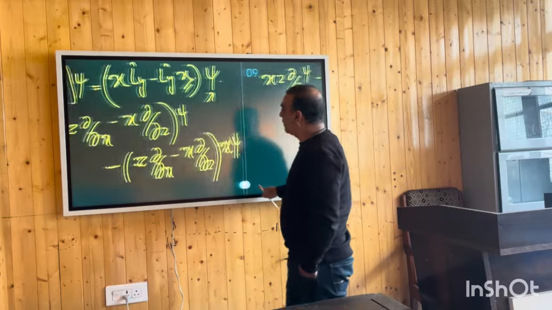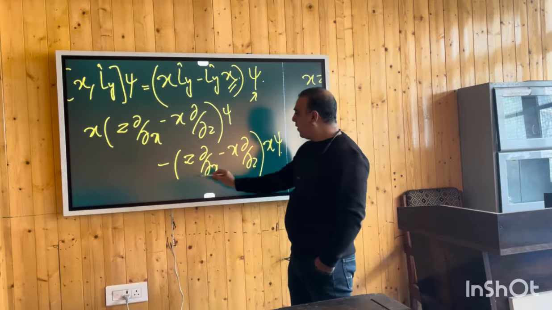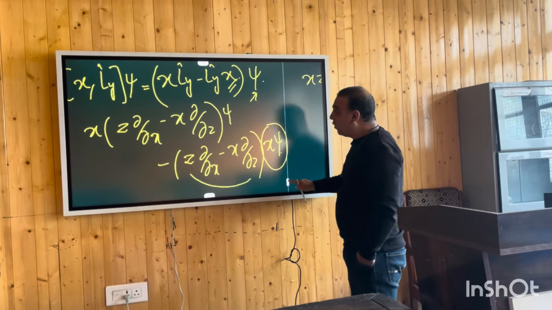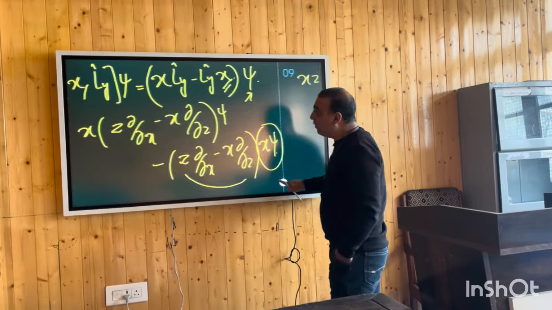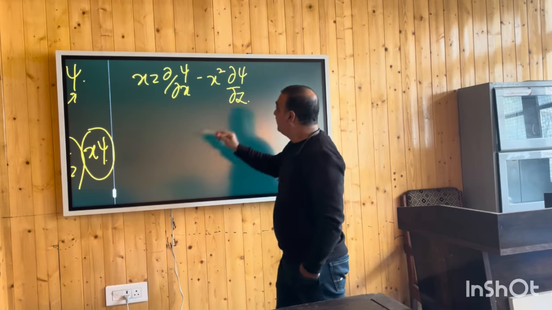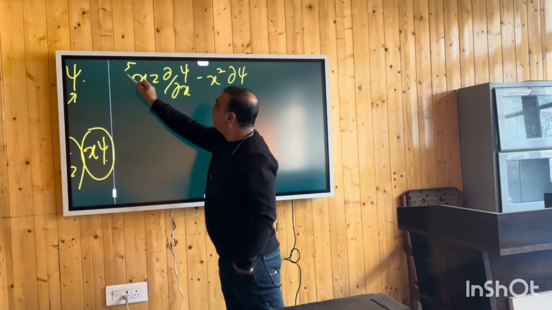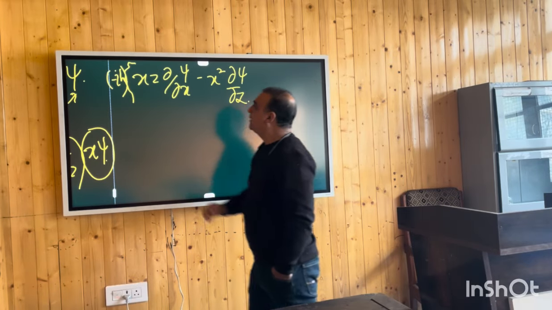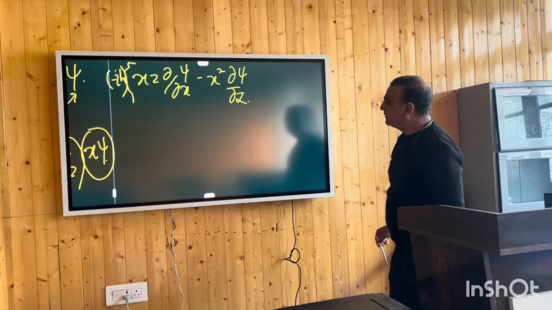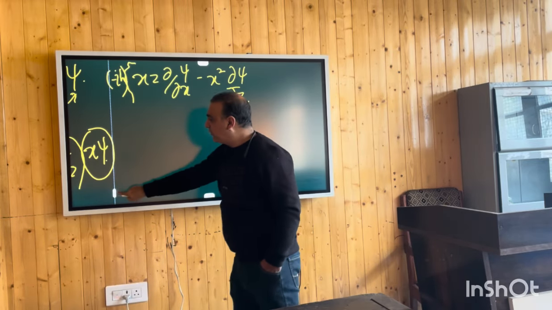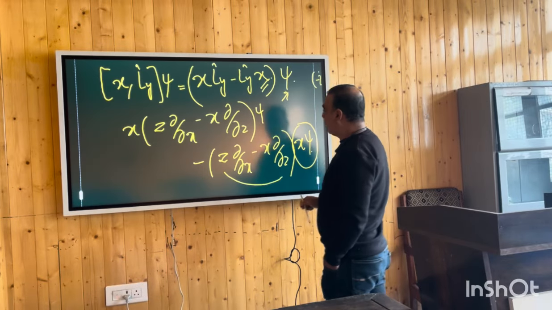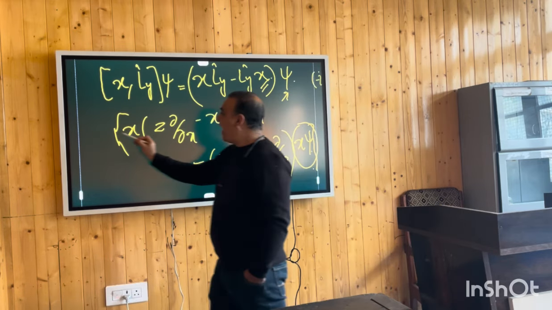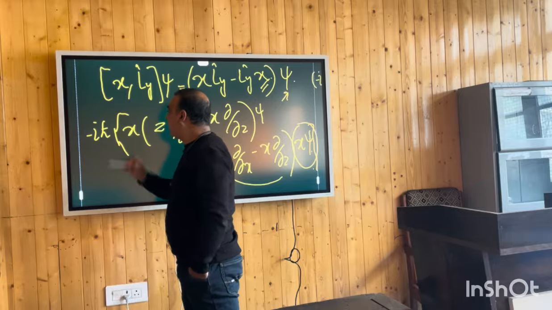Okay, this is done. Now we have to take the other part, and in this part we have the UV rule. What I have missed is the minus i h bar, which I will write at the start. This minus i h bar is common to both, so you have minus i h bar outside.